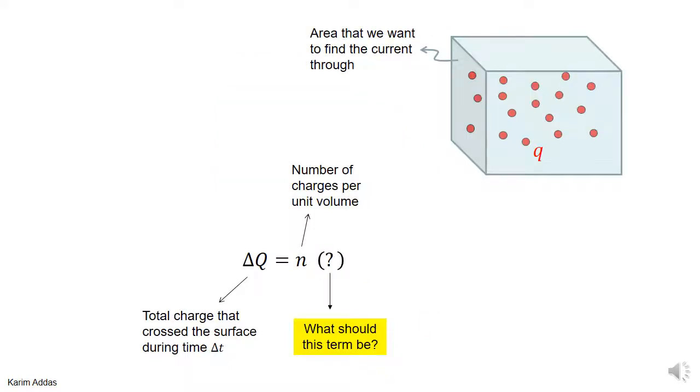So now let's see how much charge delta q, the total charge that crossed the surface during the time delta t. But I want to write this in terms of something called small n. Small n is the number of charges per unit volume. So now the question is, what do you need to multiply small n by in order to get the total charge that crossed the surface during the time delta t?